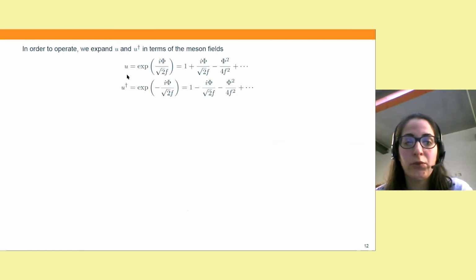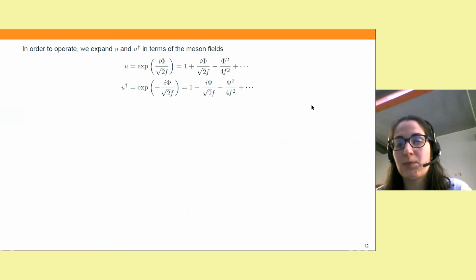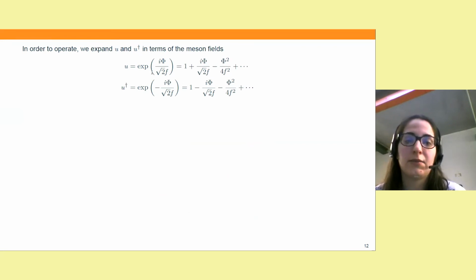Next, what we have to do is to expand this u in terms of the meson fields. We know that the expressions for u and u dagger in terms of these meson fields are exponentials, so we can just expand the exponential in terms of these fields. We know e to the x is 1 plus x plus 1/2 x squared, the expansion of the exponential.